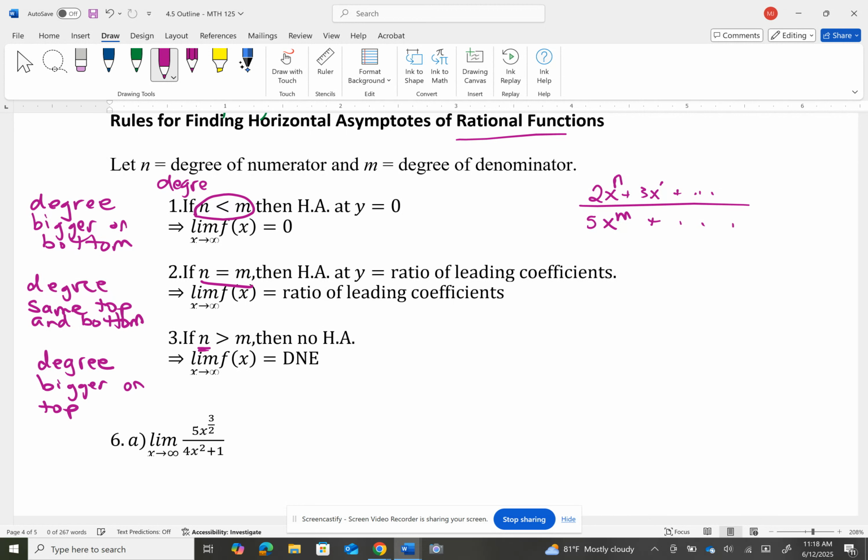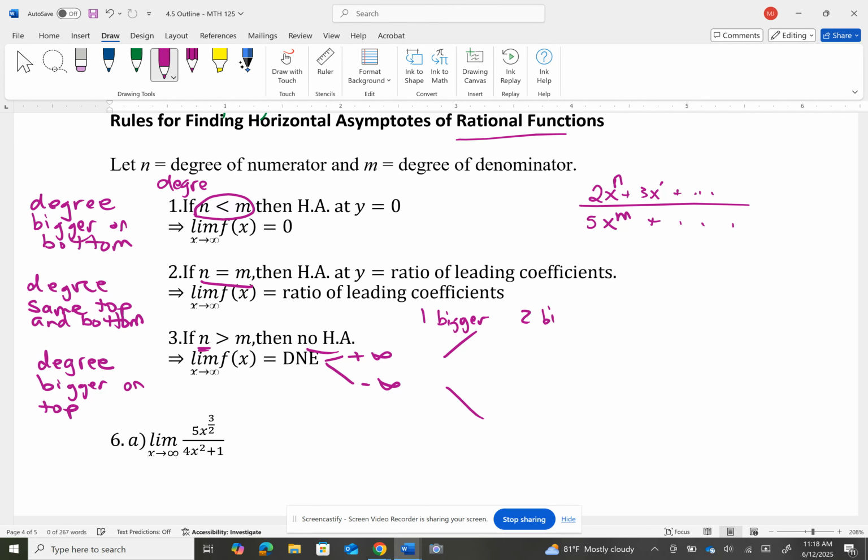All right, so we know if the degree were bigger on top, the limit really is not going to exist. It'll go towards an infinity, either a positive or a negative infinity. You're not going to have a horizontal asymptote. You're going to have a slant asymptote. Maybe it's going to look like that or that. If the degree is 1 bigger on top, it'll be a line, and it'll do one of those.